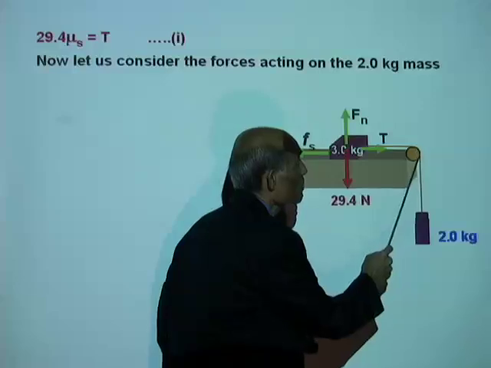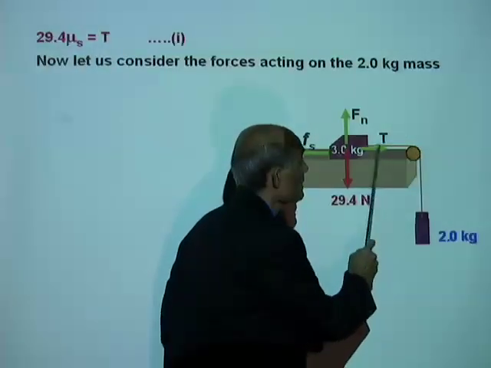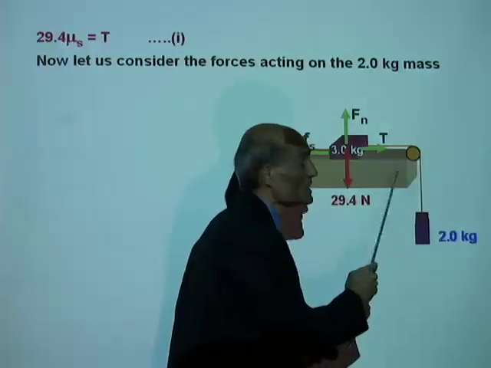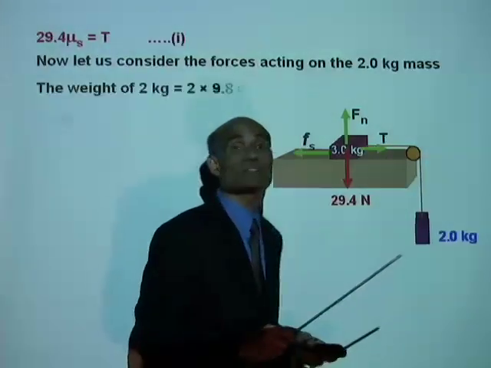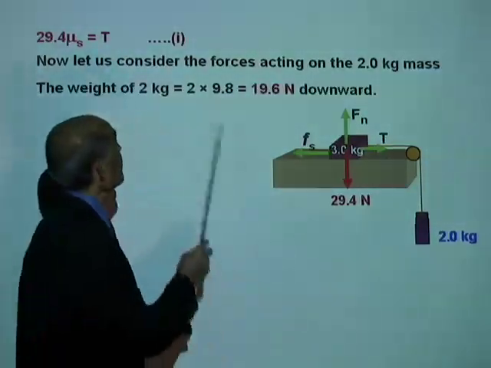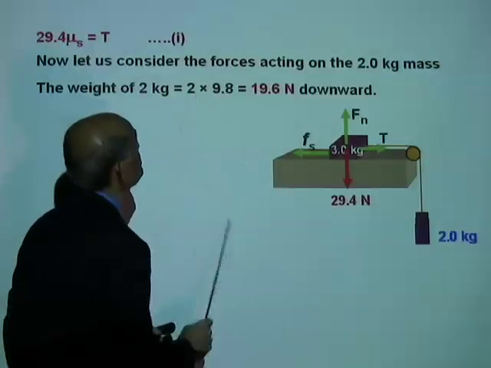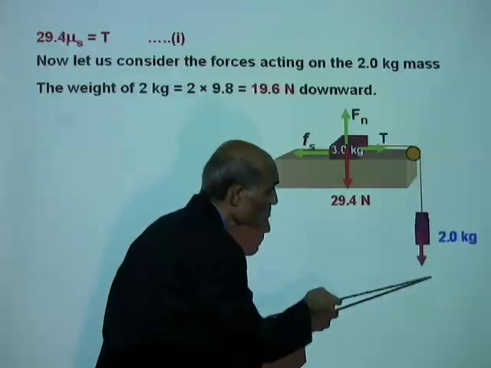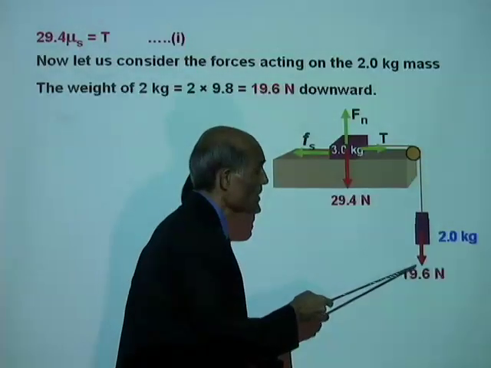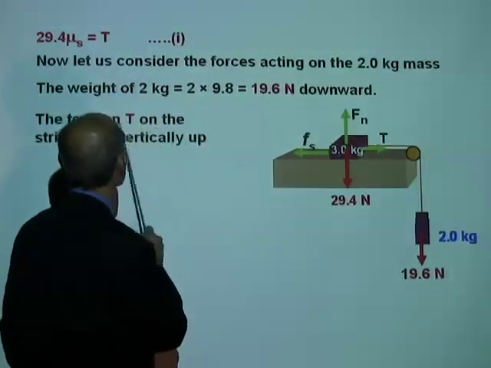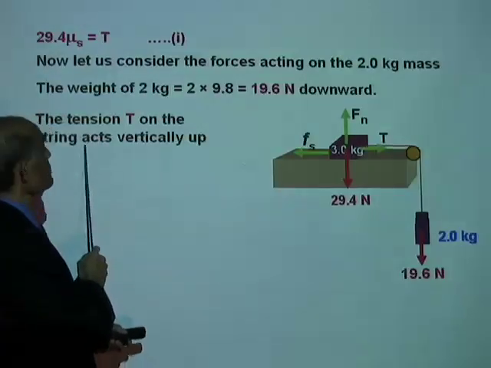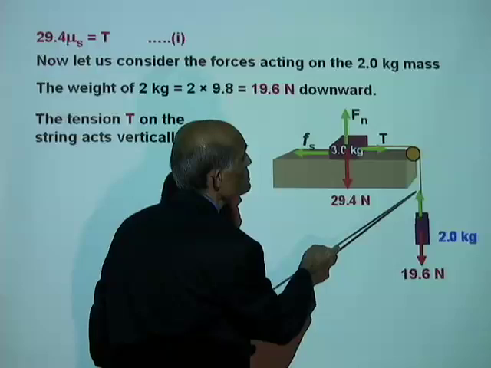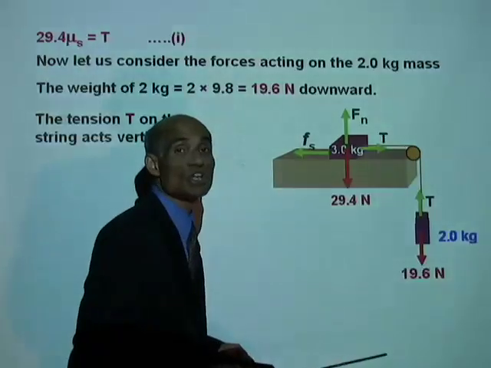And because the pulley is frictionless and the same string passes over it, the tension forces will be the same. Is that right? The weight of the 2 kilogram, 2 times 9.8 is 19.6, is acting down over here. The tension T on the string will be acting vertically up. There is the tension T acting vertically up.